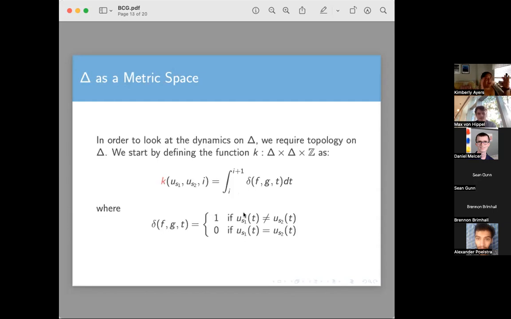But on each of those intervals, all you're doing is measuring: on this interval, do the two functions ever agree? How much do they agree and how much do they disagree? Since these functions are piecewise constant, you're not going to see them agree only on a point.